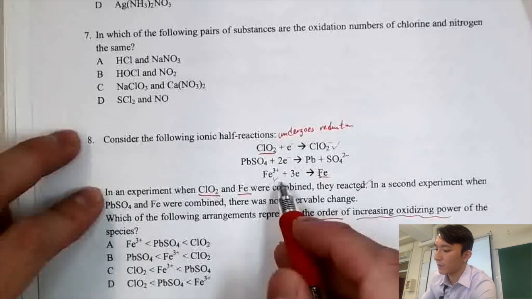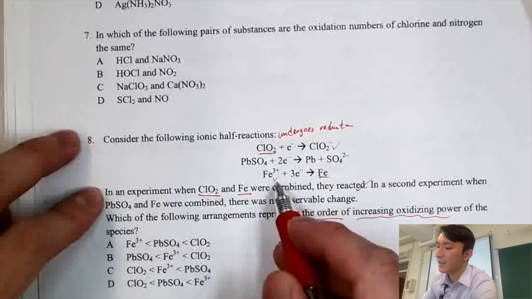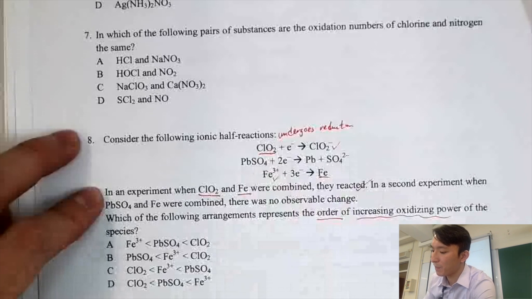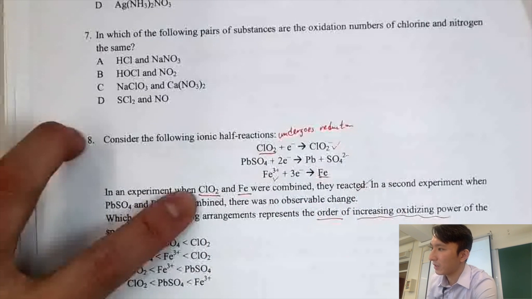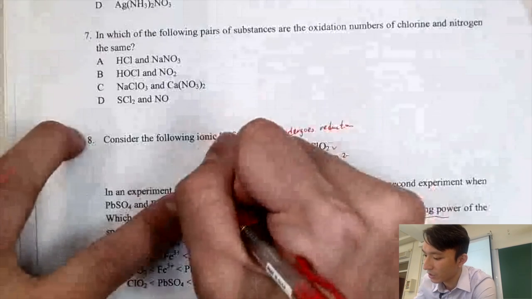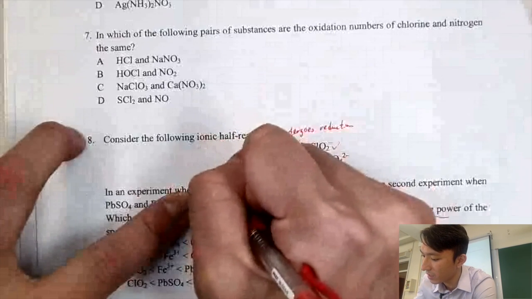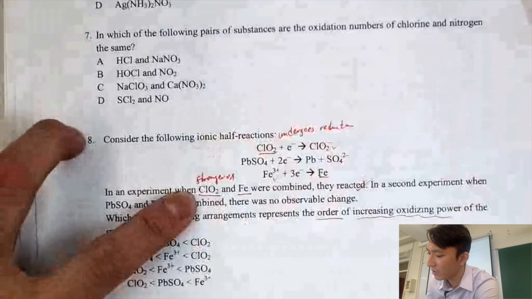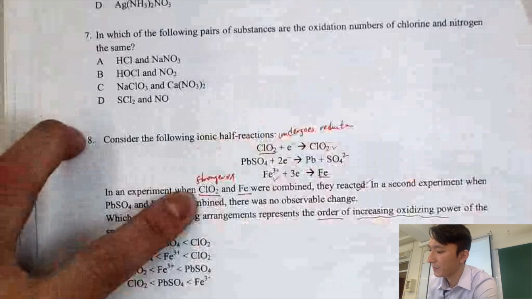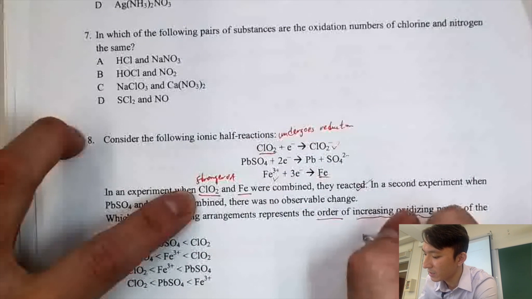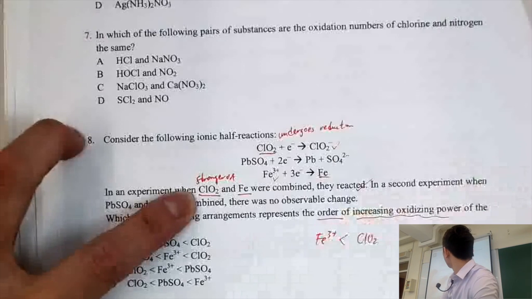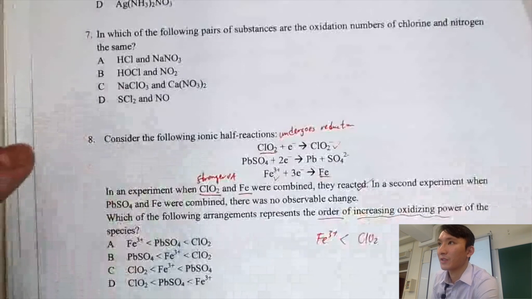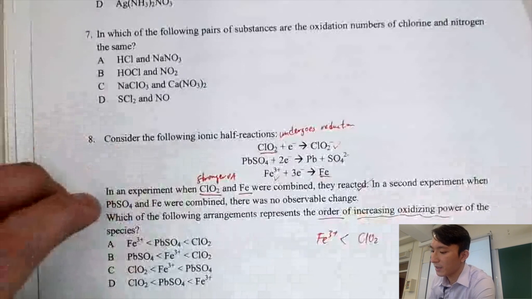That means Fe3+ does not really prefer to undergo reduction when compared to ClO2. So ClO2 likes to undergo reduction, and therefore it's a stronger oxidizing agent when compared to Fe3+. Okay? So at least from this, we can tell ClO2 is bigger than Fe3+. Do you get this logic?